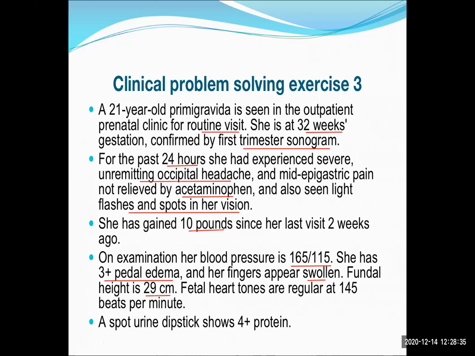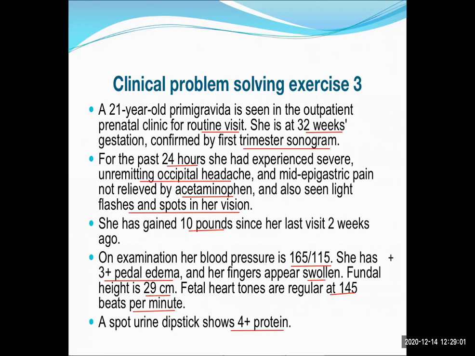It is not a very big difference. See there, sonogram is showing 32 weeks and fundal height 29, so almost there. Fetal heart tones are regular at 145 beats per minute, and a spot urine dipstick shows 4 plus protein. Now combine all things together and give me the diagnosis only.